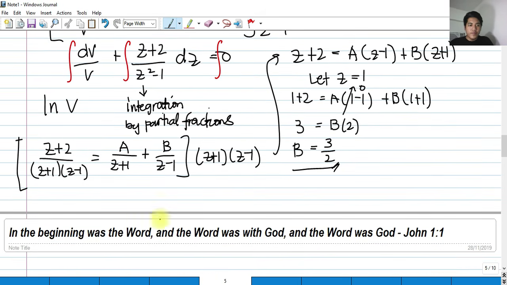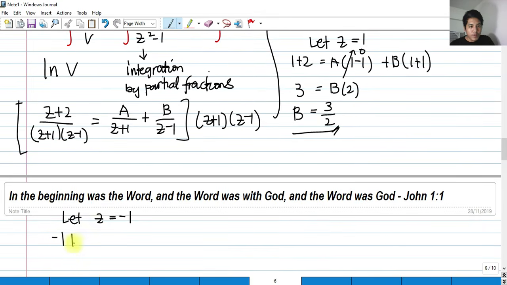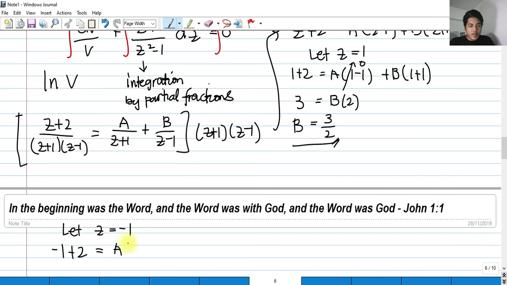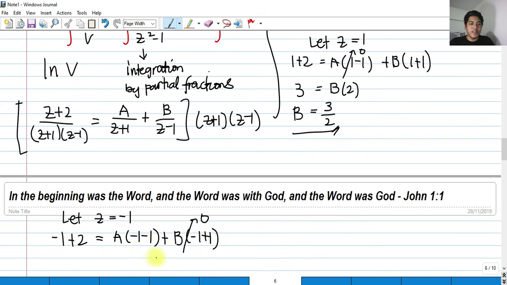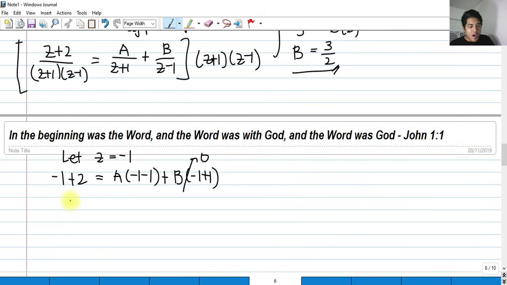How about for A? If we let z equal to negative 1, what will happen? We have negative 1 plus 2 is equal now to A times negative 1 minus 1, z minus 1, plus B times negative 1 plus 1. As you can see, the B will cancel here. So we have 1 here, and we have negative 2A here, and the value of our A is now negative 1 half.